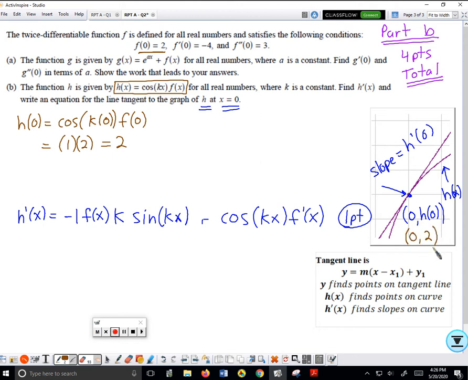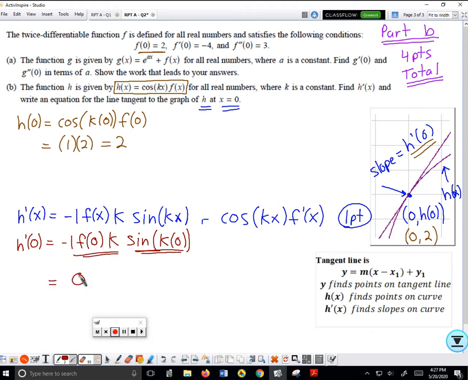Now I need to go find h prime of 0. So that's this equation, multiplied by k. I don't know the value of k, so just keep working. As long as I'm writing, I'm not stuck, so I'm good. Here's where I figured out, because on that chart you see that the sine of 0 is 0, so 0 times all this is still 0.